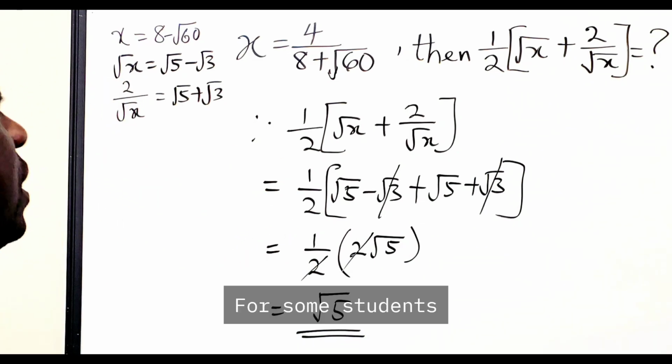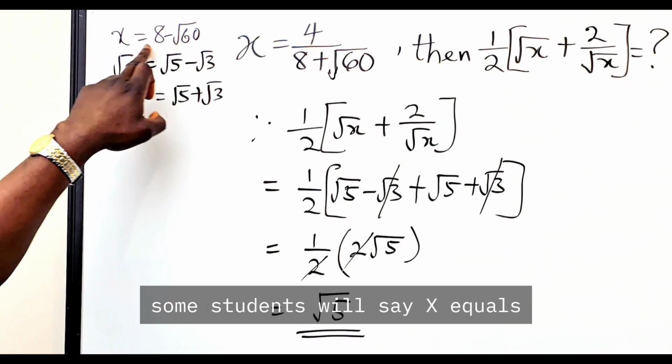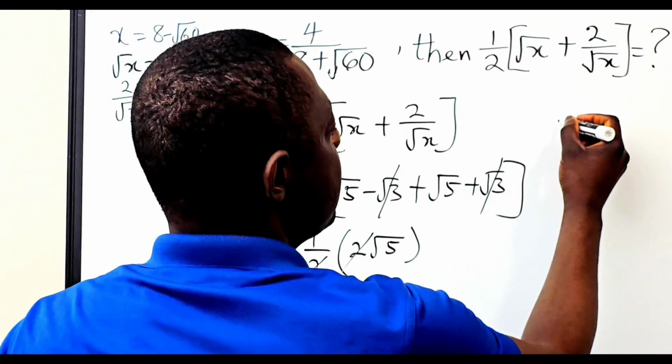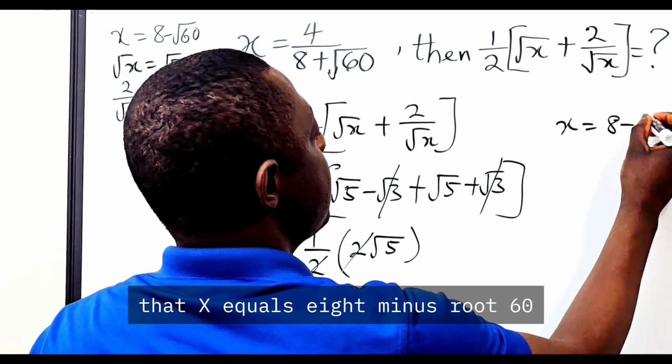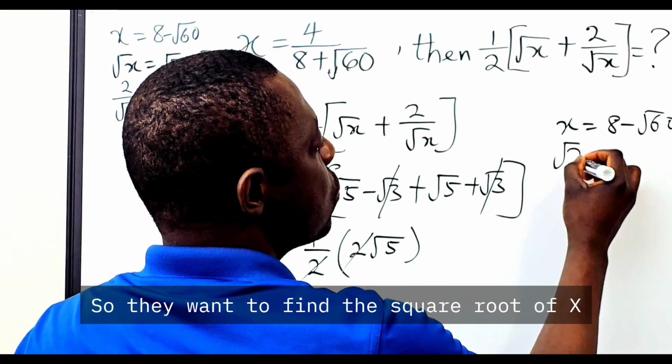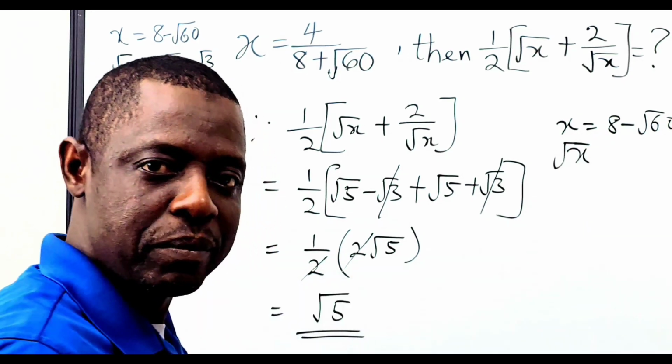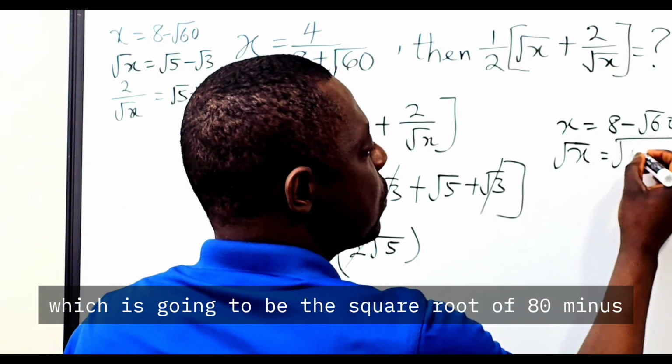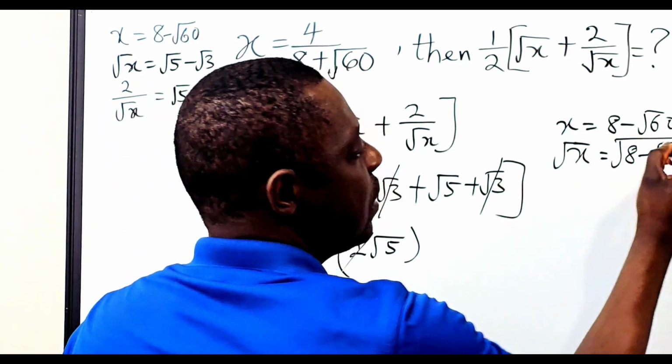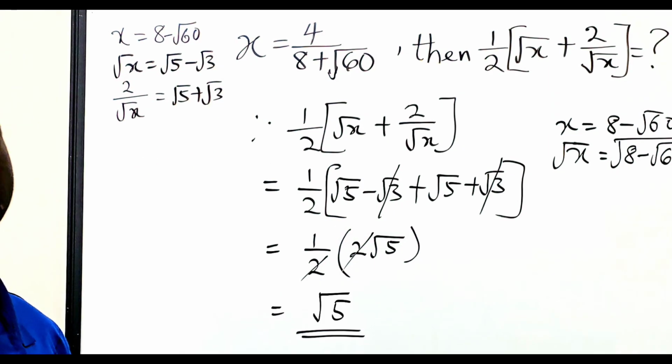Some students will say x equals 8 minus root 60, so they want to find the square root of x, which is going to be the square root of 8 minus root 60. This is making it difficult.